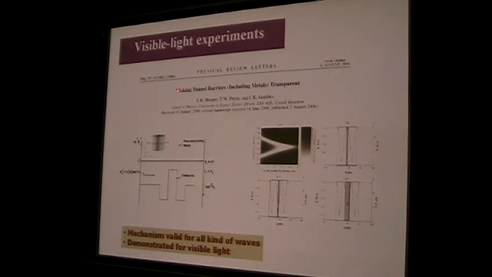And one year after, an English group did an experiment in visible light, and indeed they found that there are two transparency frequencies which work together when the thickness is larger than the critical thickness. They even found that this mechanism is valid for all kinds of waves, including microwaves.